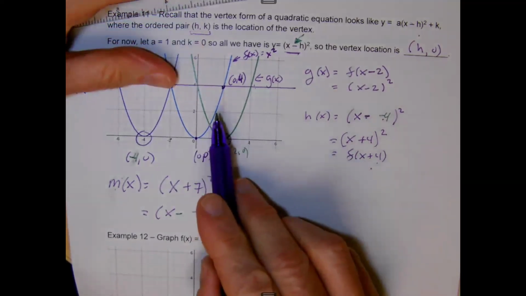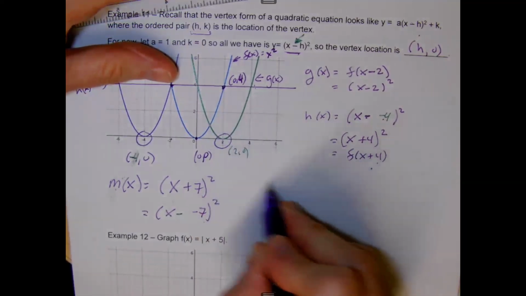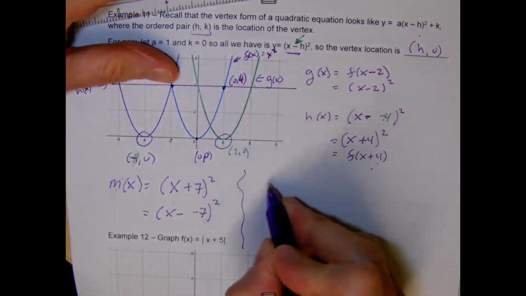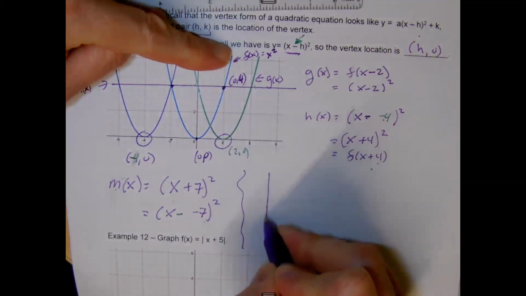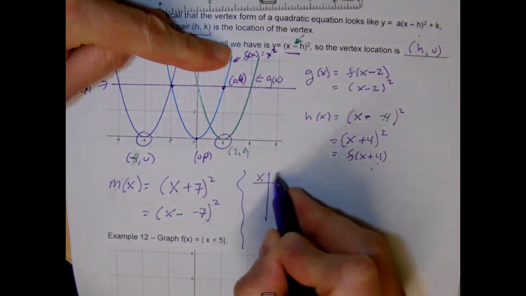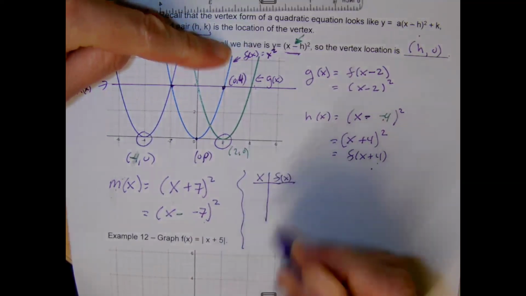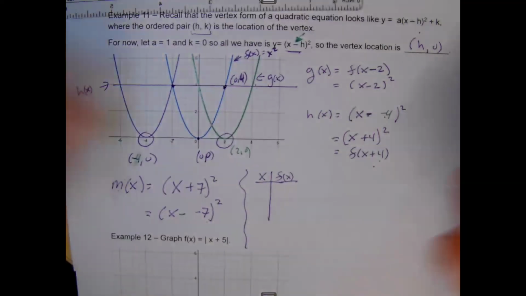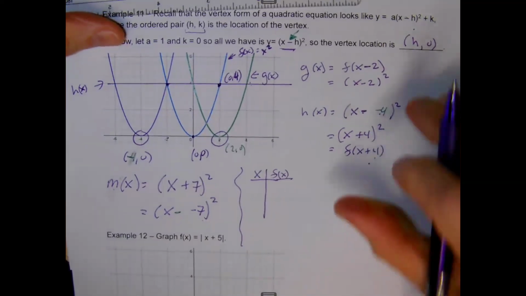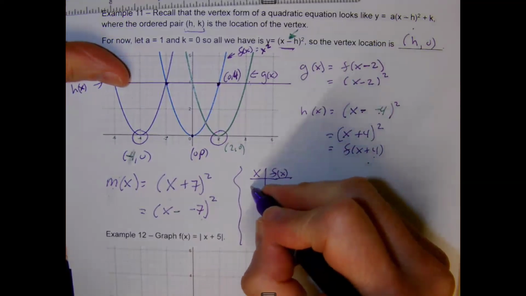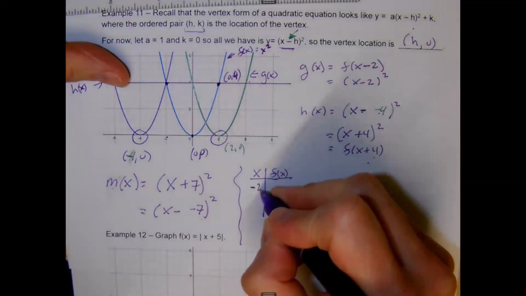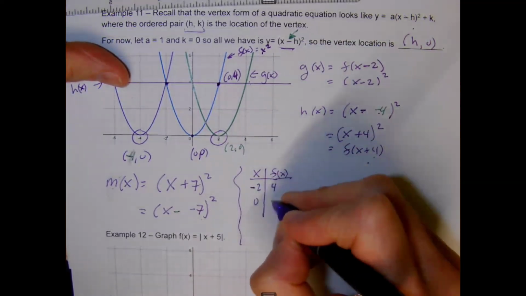So here's a way to sort of think about this. What we're trying to say is this. Let me go back to my original. The original one here is x, f of x. And I'm not going to try to fully explain it because you have to kind of wrestle with this idea. So -2 produces 4. 0 produces 0.